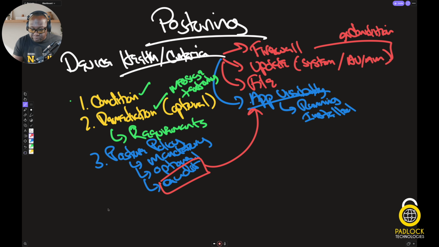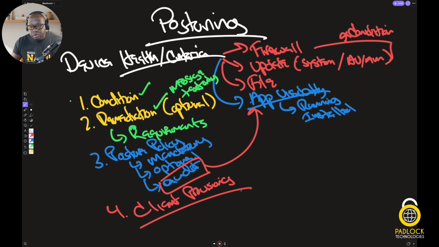Now, there is a fourth thing in posturing, which is CP, or client provisioning. Most people, I'm going to tell you right now, you do not want to do client provisioning. You can have it, that's fine, it's a part of the process, but you do not want users going through the posture installation process.